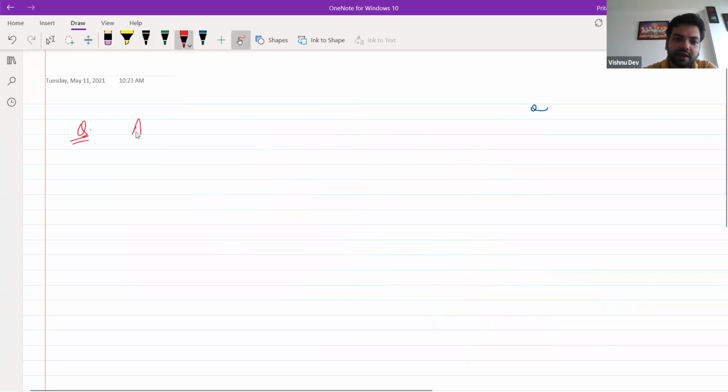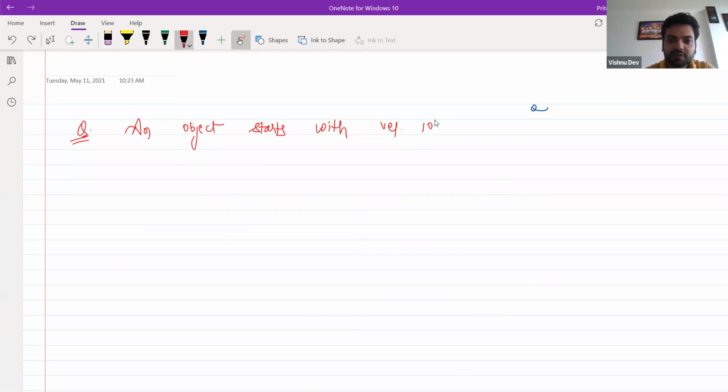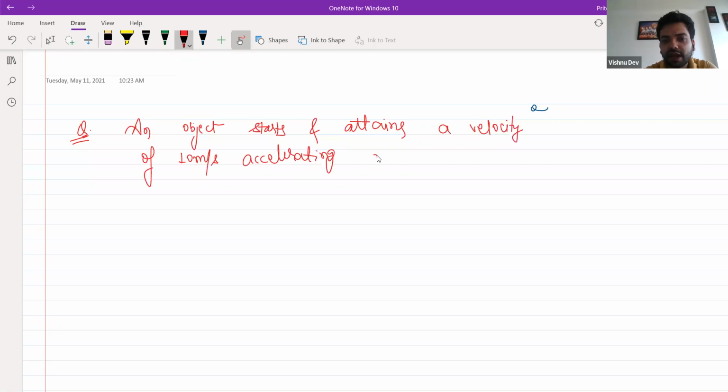Let's say a car or an object starts, and attains a velocity of 10 meter per second, accelerating at 2 meter per second square.